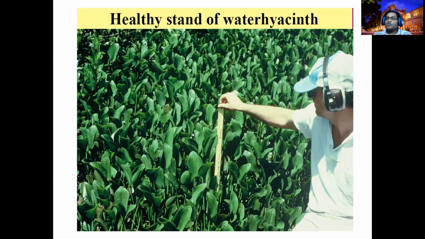But the advantage of this weed is that if you continuously clear it and make compost, it's a nutrition-rich organic fertilizer. But people are not much interested. If you are composting, we can use it. Another important thing is you can use it for phytoremediation to remove excess nitrogen and other things from the water.